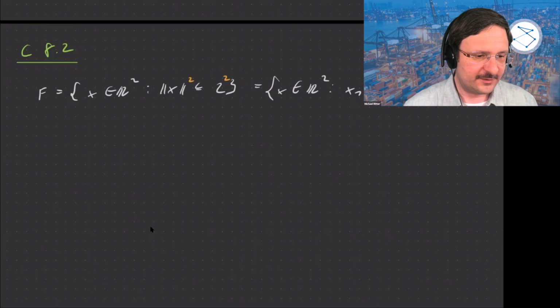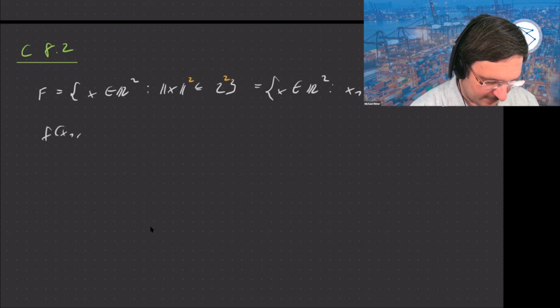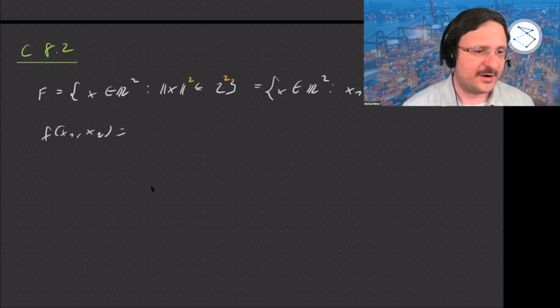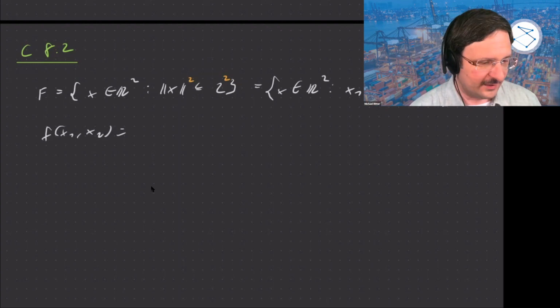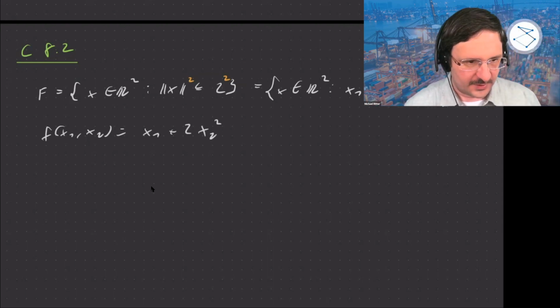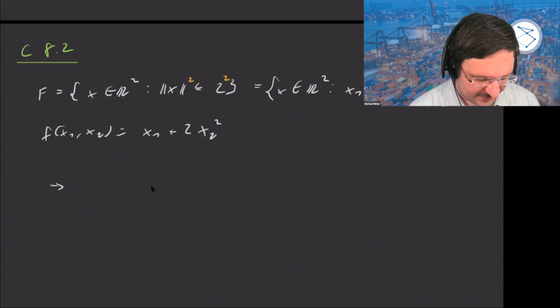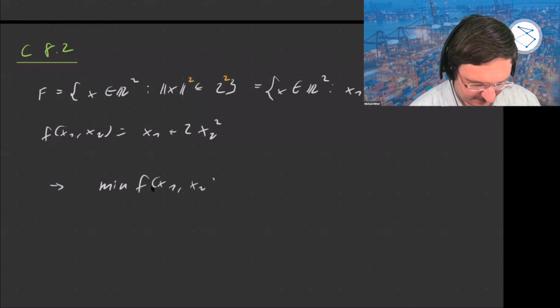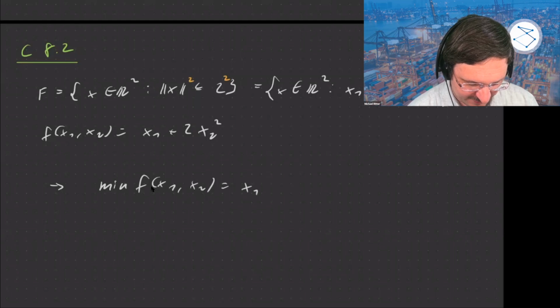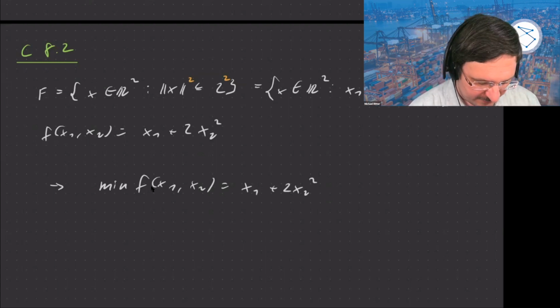So this is basically the condition here. And we have the objective function f of x1, x2 that we want to minimize, and that is given as x1 plus 2x2 squared. So again, let's reformulate that so that it has the desired form that appears in the theorem. That is, you want to minimize a function, and that's already nice: minimize x1 plus 2x2 squared, subject to possible equality constraints.